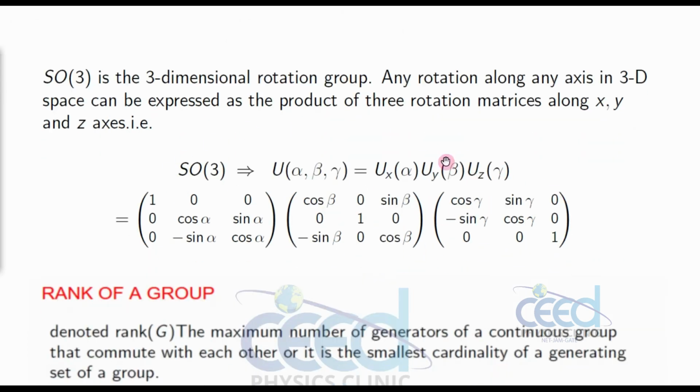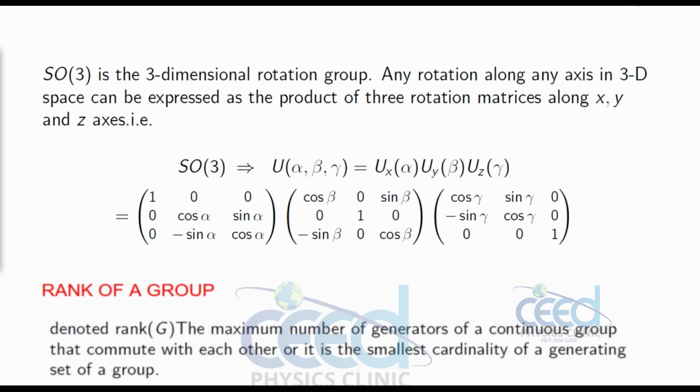But here, if you look at this, this is U of alpha, beta and gamma, right? This alpha, beta and gamma will determine the number of independent generators. So alpha, beta and gamma are the independent generators here.